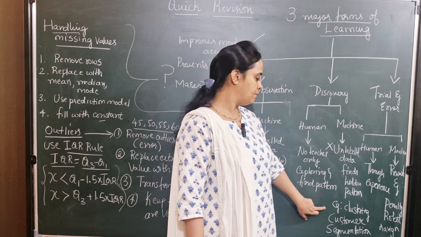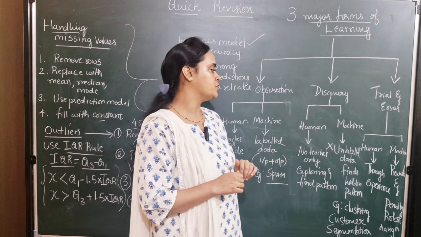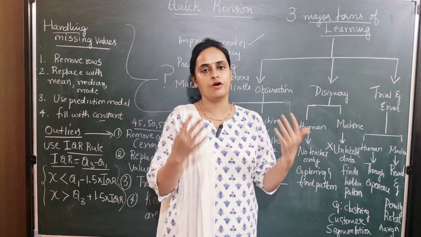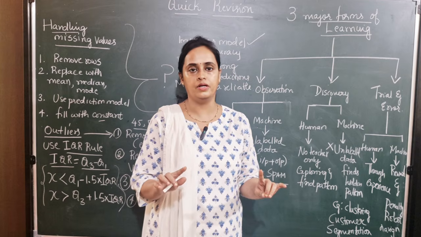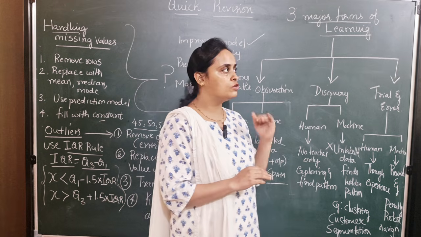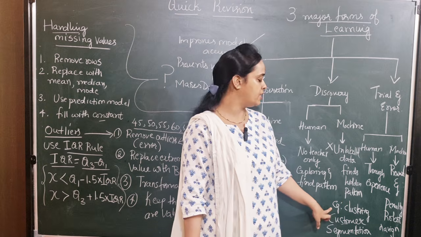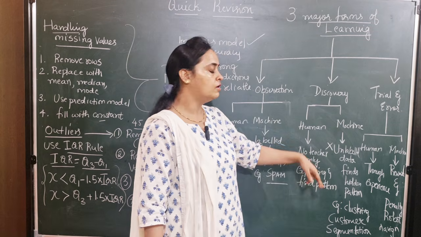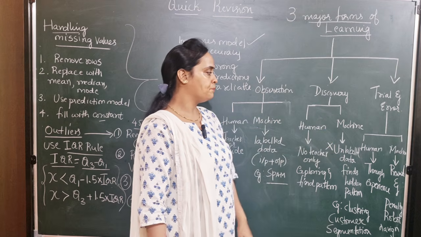A very good example is customer segmentation, done through machine learning, where the prior data which is already available is not labeled. The machine is only going to study and understand the pattern through which it learns. Good examples are clustering and customer segmentation. It all comes under unlabeled data, that is, learning through discovery.